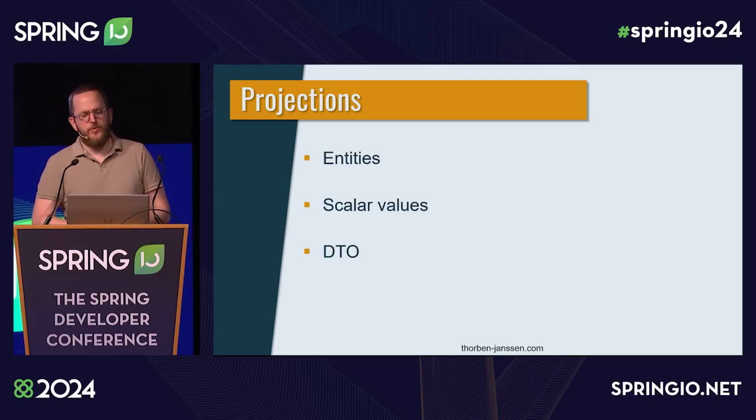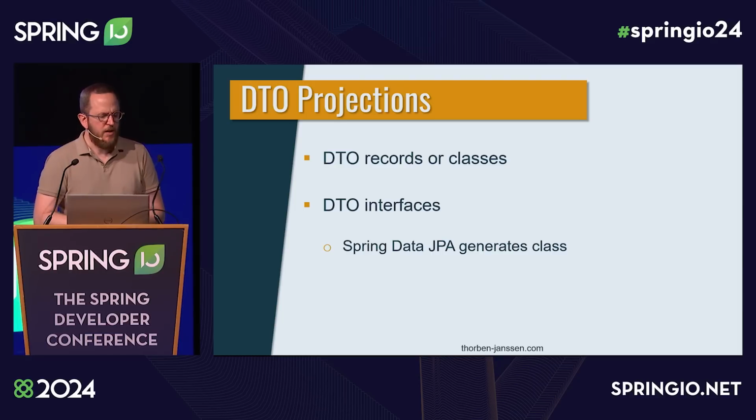Especially not if you're considering that there are DTO projections, which give you the same benefits, just without the object arrays. You can implement a DTO projection as a record or a class. That is something that is not only supported by Spring Data JPA, but also by plain JPA and Hibernate.